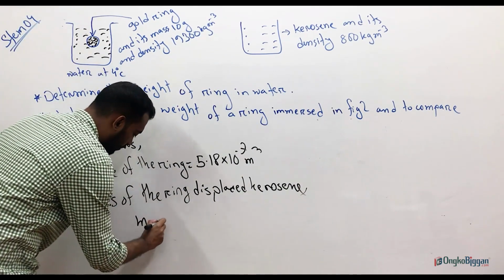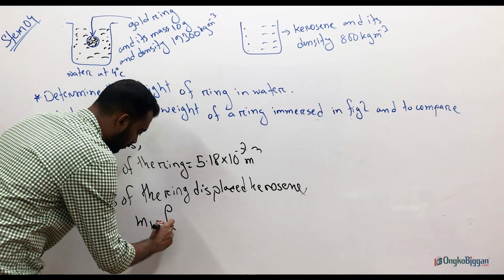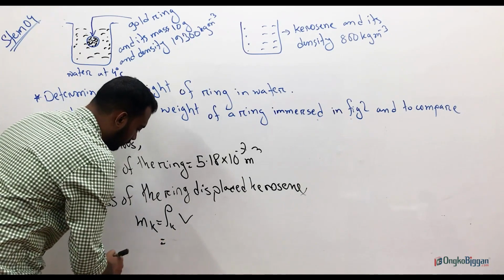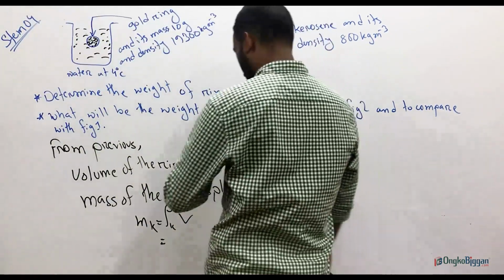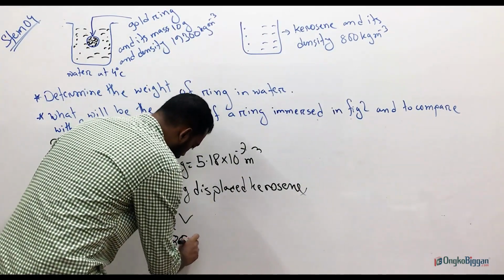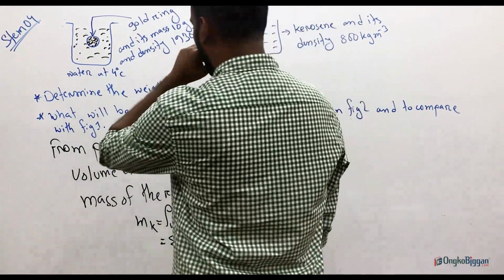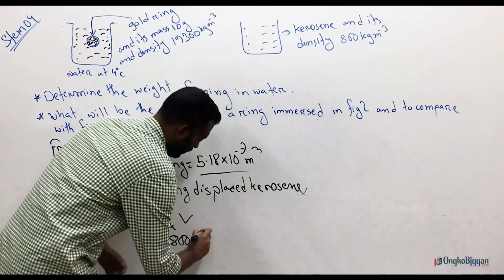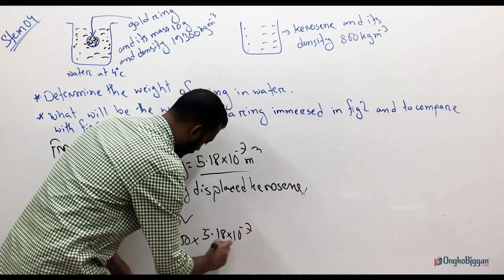So let's write it: m_k = rho_k into V. So the density of kerosene is 800, and the volume is the volume of the ring, which is 5.18 into 10 to the power minus 7.